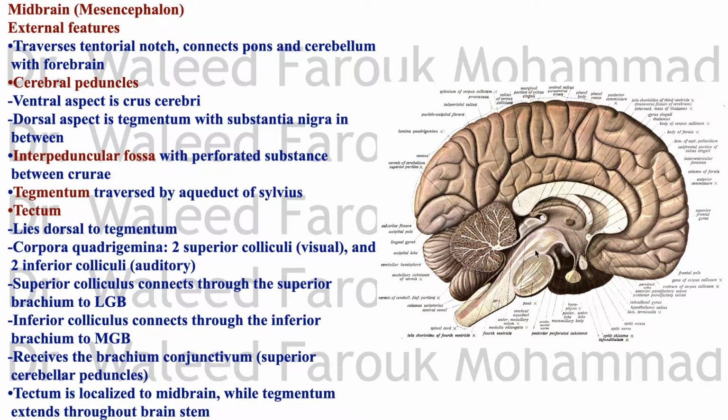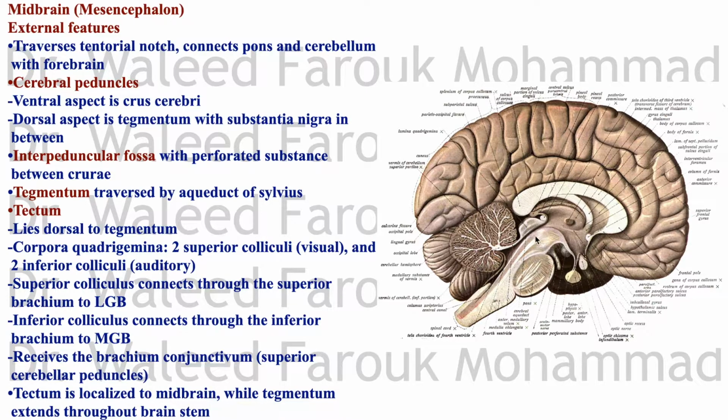The ventral part is the cerebral peduncles, and the ventral part of the cerebral peduncle is the crus cerebri, or sometimes we call the cerebral peduncle crus cerebri as a whole.